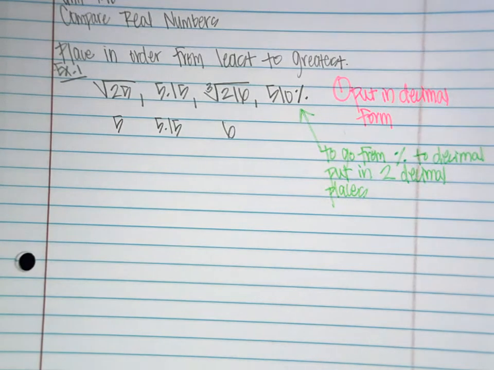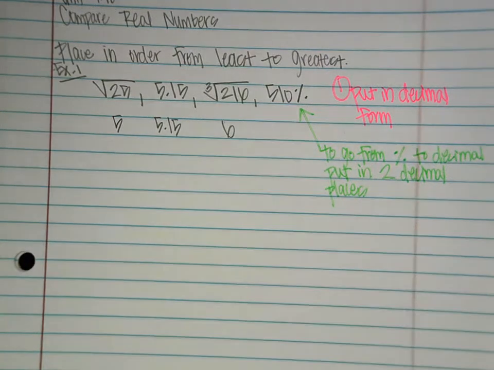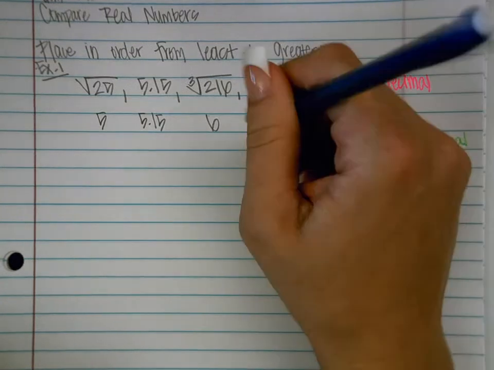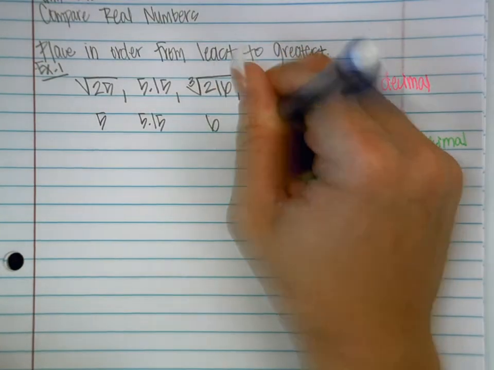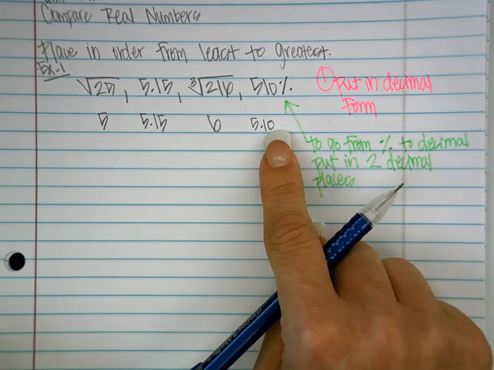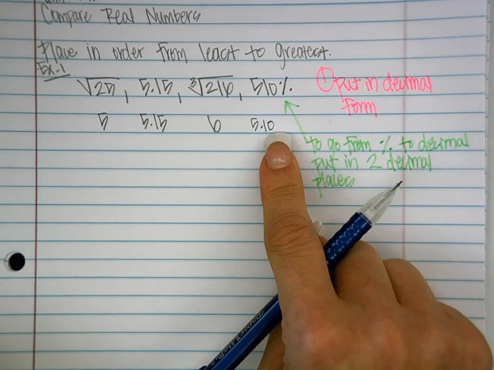So if I put in 2 decimal places, what would this number be equal to? 5.10. Is it absolutely necessary to put the 0? No. But for this purpose, I want to write it in because I am going to put in 2 decimal places.